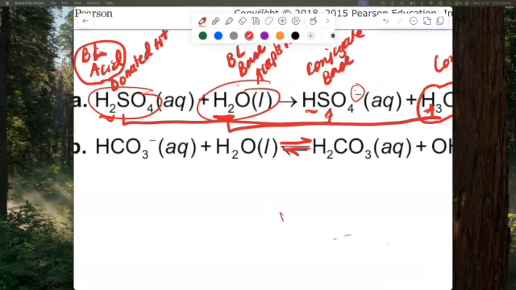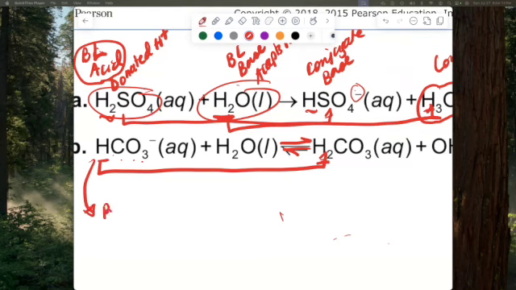Let's see. HCO3 ended up with H2CO3. Ooh, so that one got the extra hydrogen ion, right? It has an extra H. So we can say this right here, HCO3, is a Brønsted-Lowry base. Why? It starts off with less hydrogen and ends up with more. And this is going to be the conjugate acid, right?